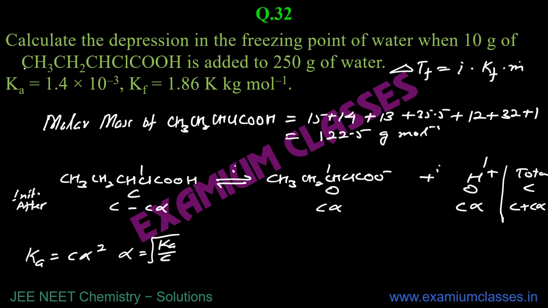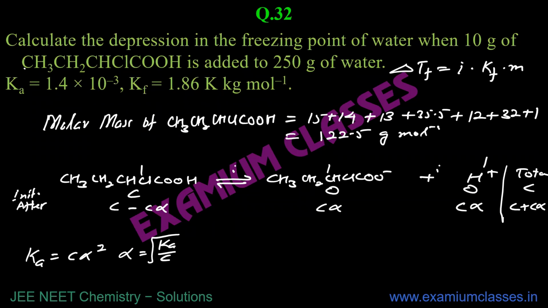Now there is one point which you have to do. Anyway, you will have to calculate molality. Why? Because you don't know C. C will be given by molality. Again, approximation you can do. Molarity will be approximately the same, because Ka is very low. So you will have to calculate molality first. That will give you the value of C. Otherwise, you will not be able to calculate.